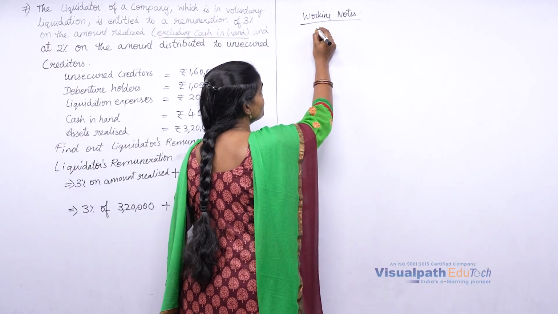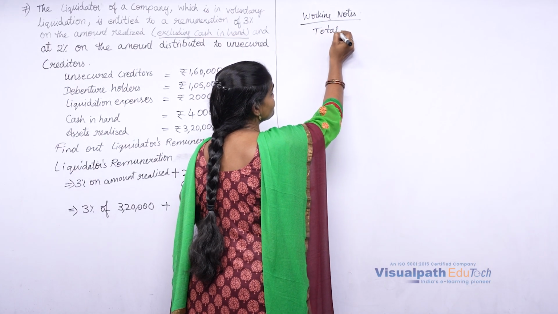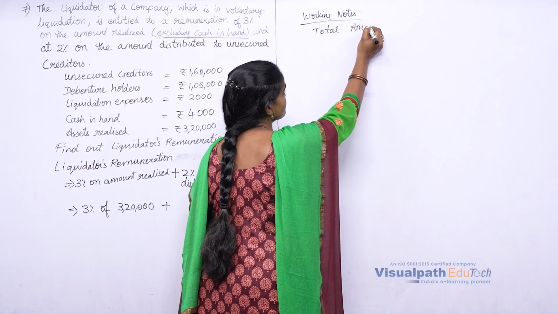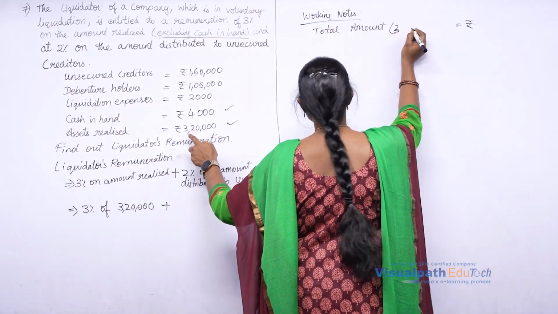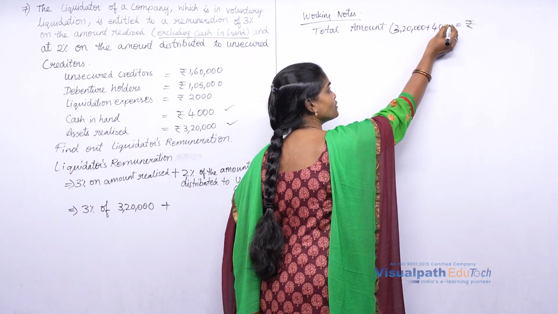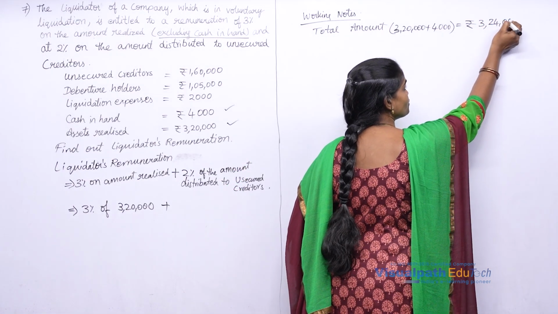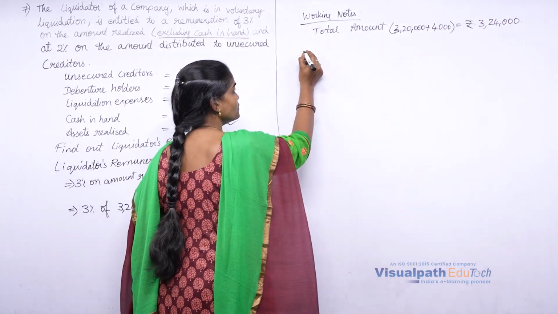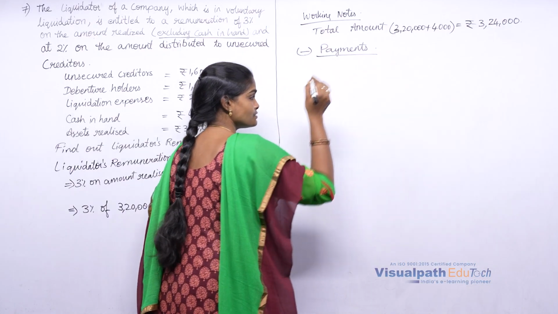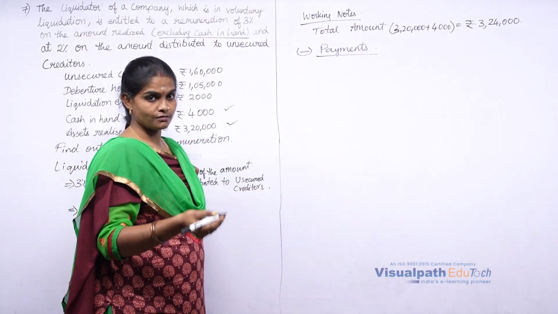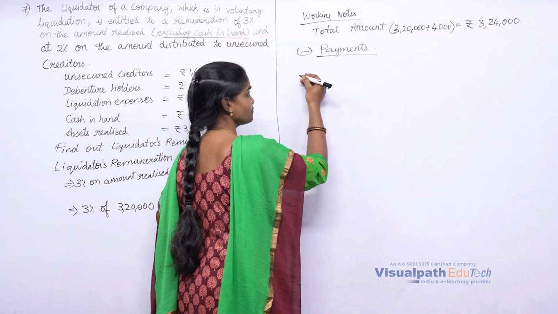Clear? So first, total amount available. Assets realized is 3,20,000 plus 4,000 cash in hand. So total 3,24,000. Now from this deduct payments. First we make payment to the liquidator. So liquidator's remuneration.